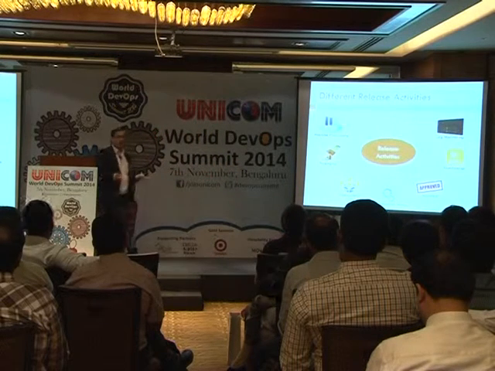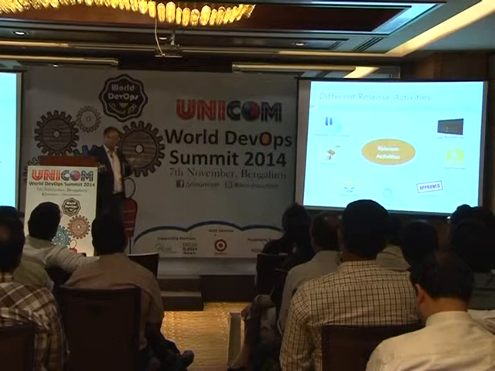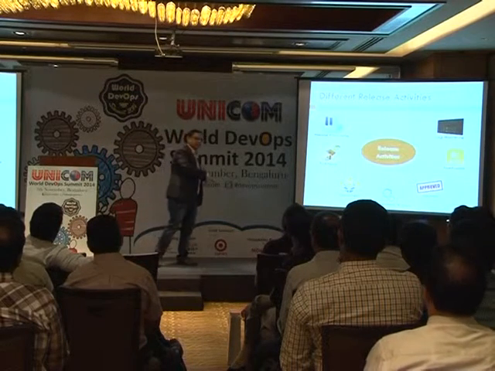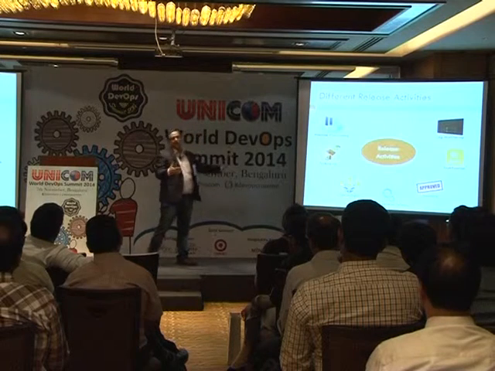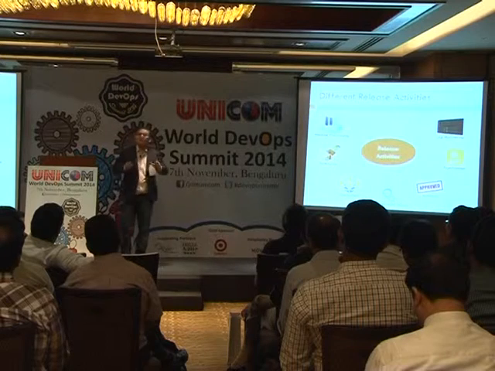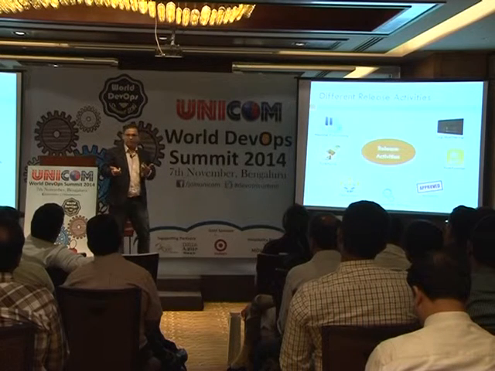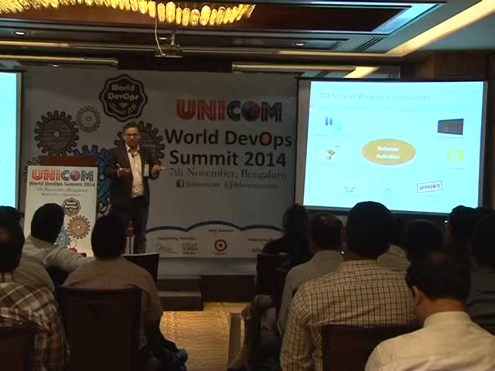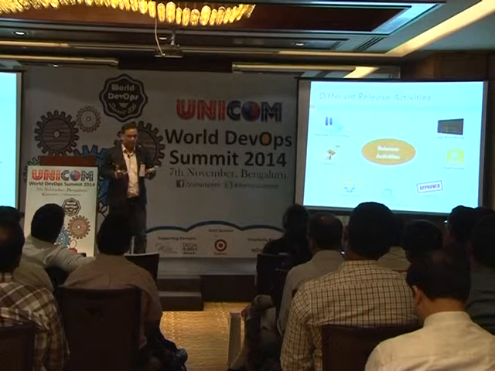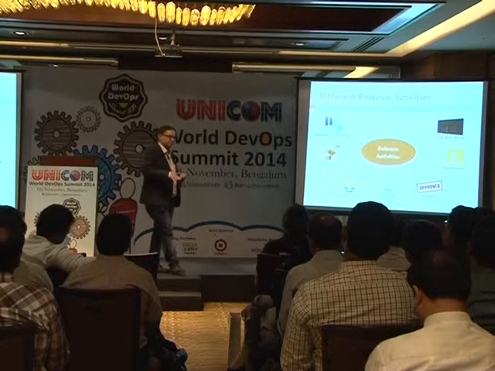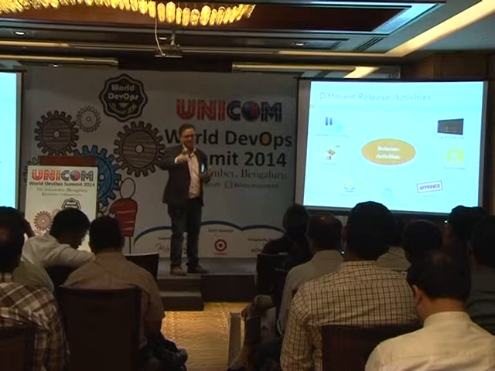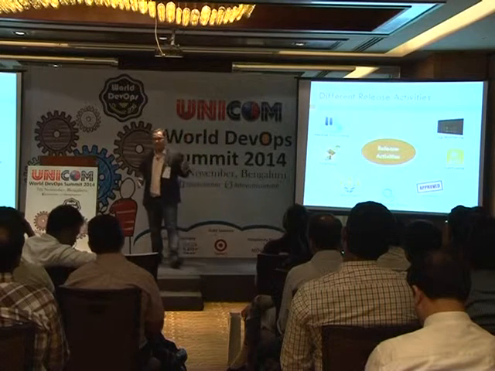So any tool that you pick up, and there are multiple tools, I'll show you what tools exist in the market today, should help you orchestrate this entire flow without changing your release process. There might be certain tweaks that you have to do in your release process, but the idea of an ideal release automation tool is that without changing much of your release process, it lets you define the release processes and simply helps you orchestrate the entire flow. Does that make sense?